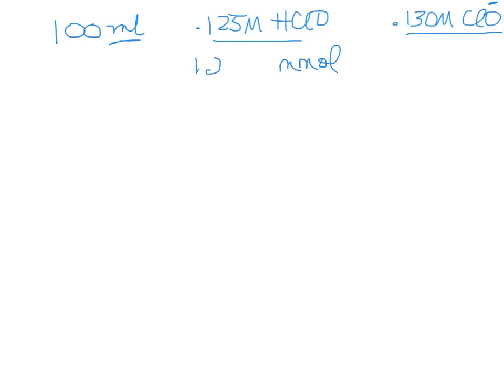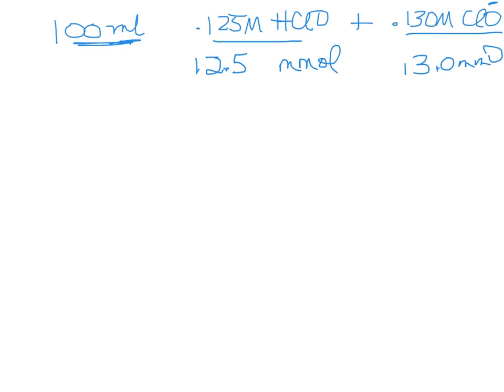So I have 100 times 0.125 is 12.5 millimoles of HClO. And when I multiply 100 milliliters of the solution times 0.130, I have 13.0 millimoles of hypochlorite ion. Now, how many moles of NaOH have I added?